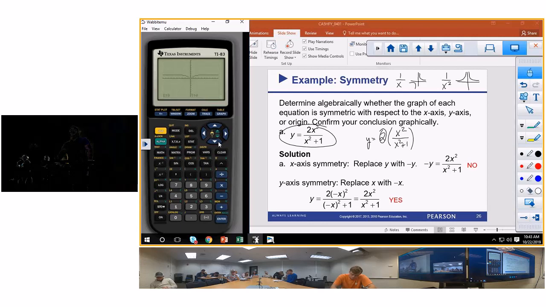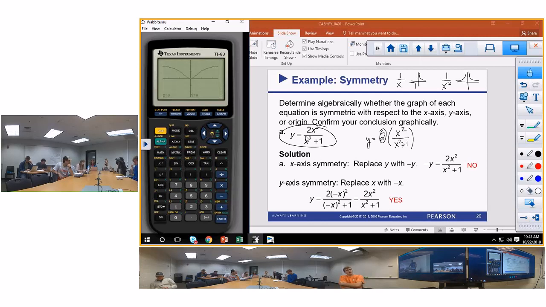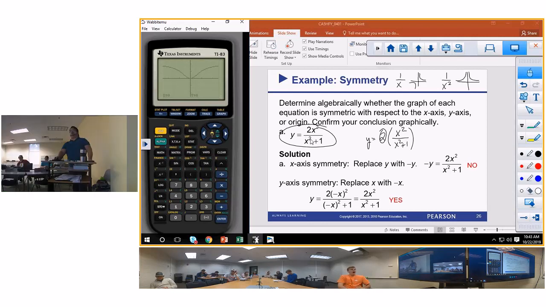You've got a horizontal asymptote of 1, and x squared plus 1 can't equal zero, because x squared cannot equal a negative number. So that's why you don't have a vertical asymptote. So that's what it looks like. So make sure you can actually do this problem.